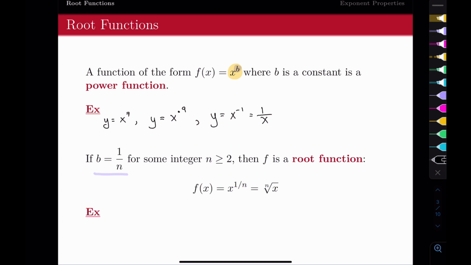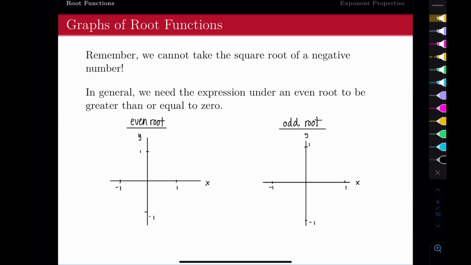So just to give you some examples, like if we have y equals x to the 1/2, this is the same thing as taking the square root of x. And when we have the square root, we just don't put a number in there. If we have y equals x to the 1/3, this is the same thing as the cube root of x, okay? So this is what we want to make a distinction of. We want to talk about these root functions, okay?